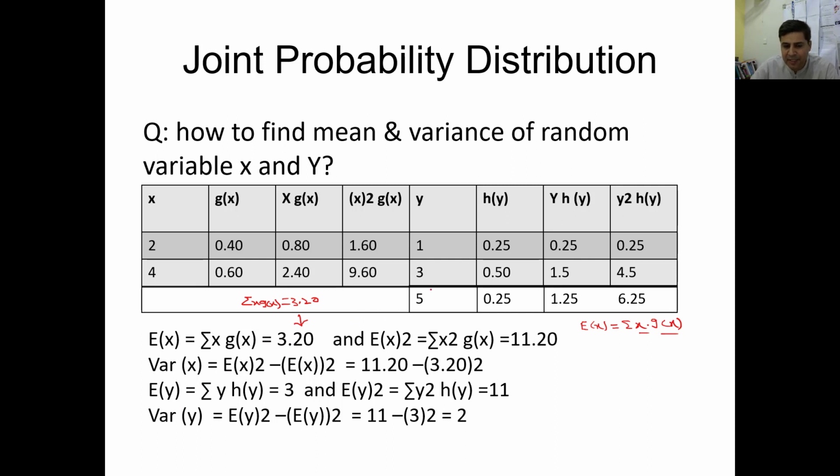Now, how will we calculate the mean of y? You will multiply y into h(y), their respective probability. When y is equal to 1, the respective probability is 0.25. When y is equal to 3, the probability is 0.50, and when it is 5, the probability is this. When you multiply these, you get these values. We write the mean of the random variable y as the summation of y into h(y).